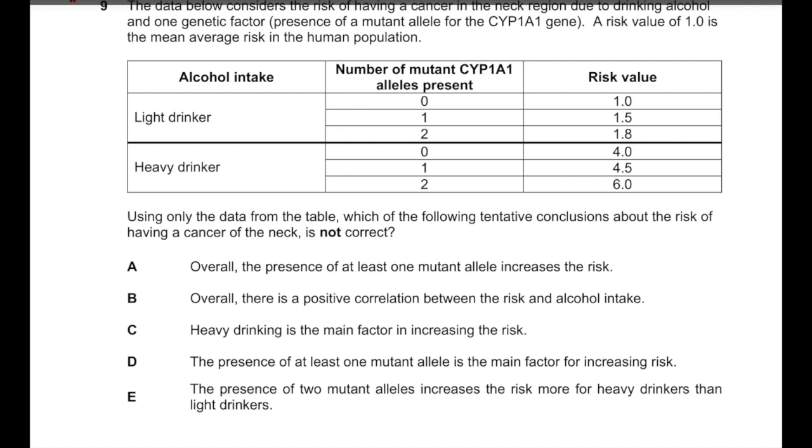Overall, the presence of at least one mutant allele increases the risk. This option is true because both heavy and light drinkers have a notable increase in the risk value with the presence of one mutant allele compared to no mutant alleles. So option 1 can be removed.